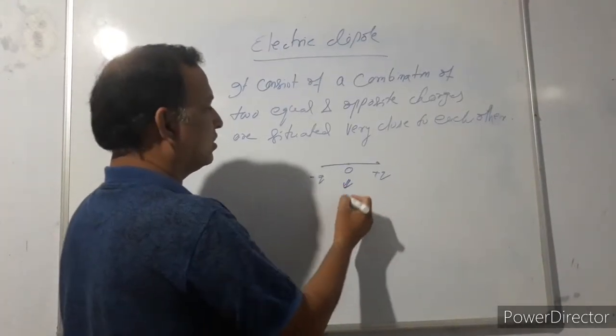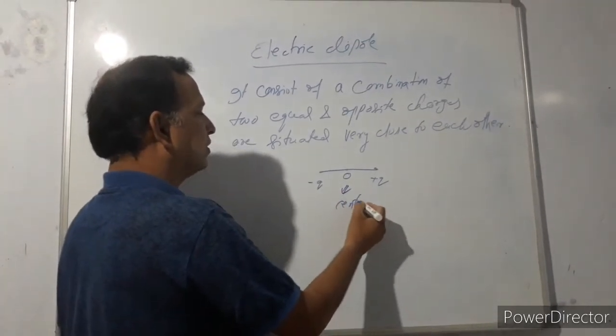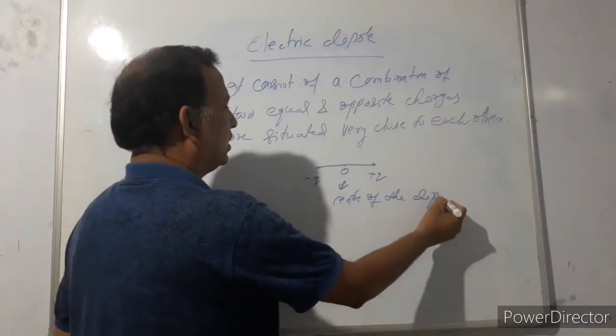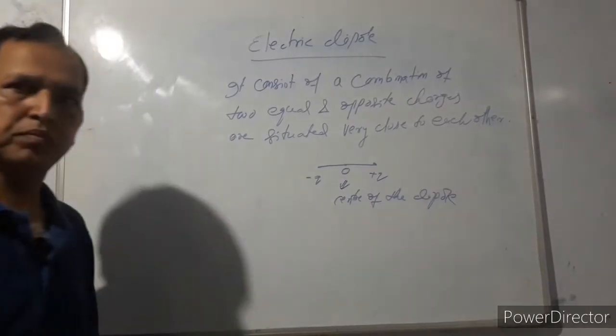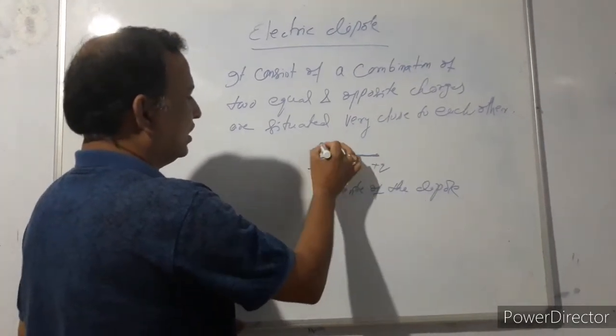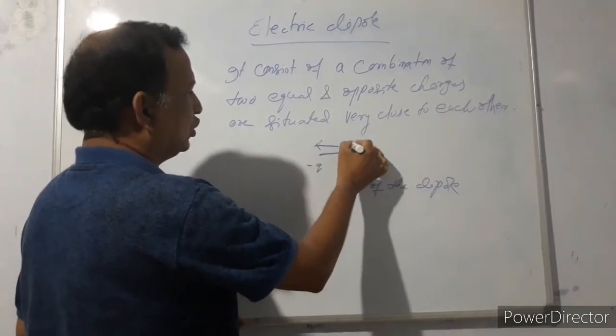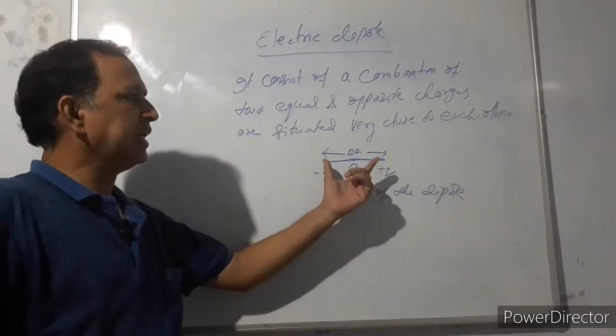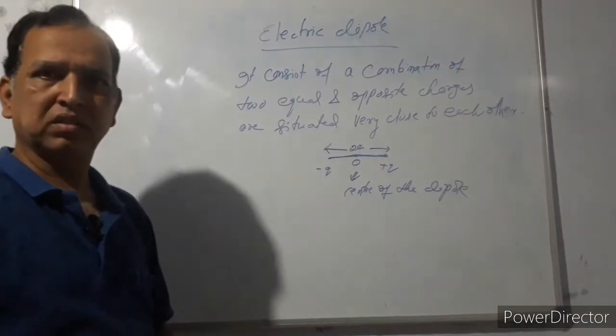Clear? The distance between the two charges, suppose this is 2a, is called the dipole length, the length of the dipole.